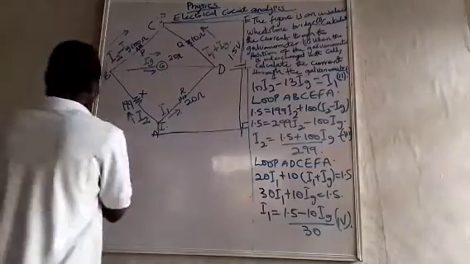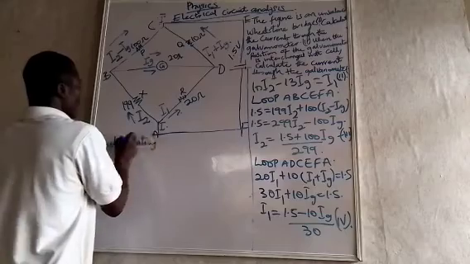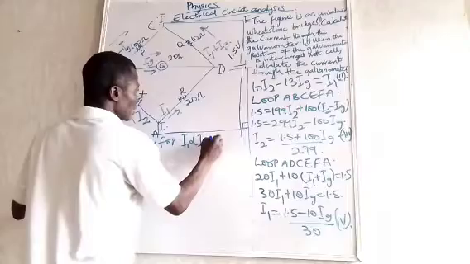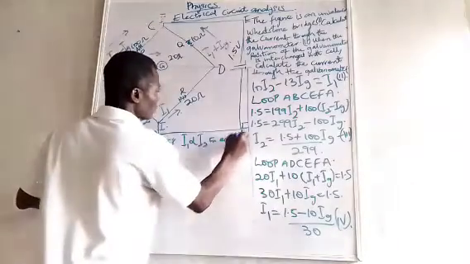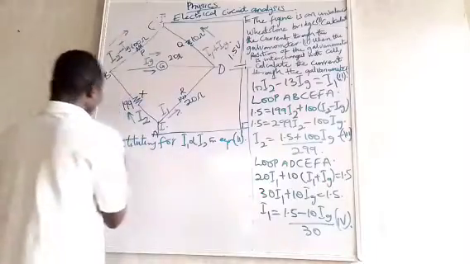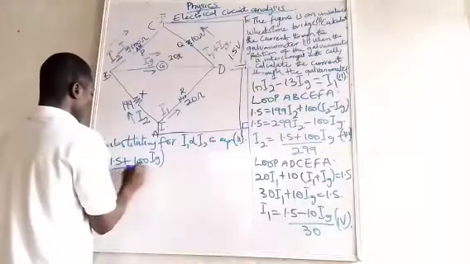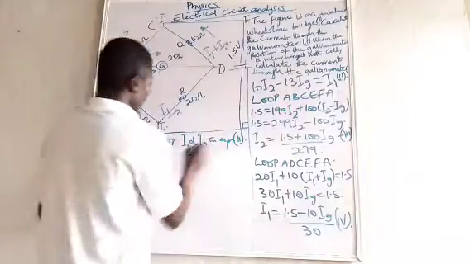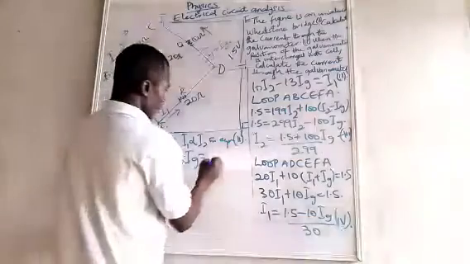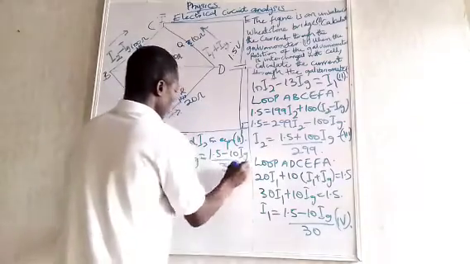Now substituting for I1 and I2 in equation 2, I can now say 10 into 1.5 plus 100 IG over 299 minus 13 IG is equal to 1.5 minus 10 IG over 30.